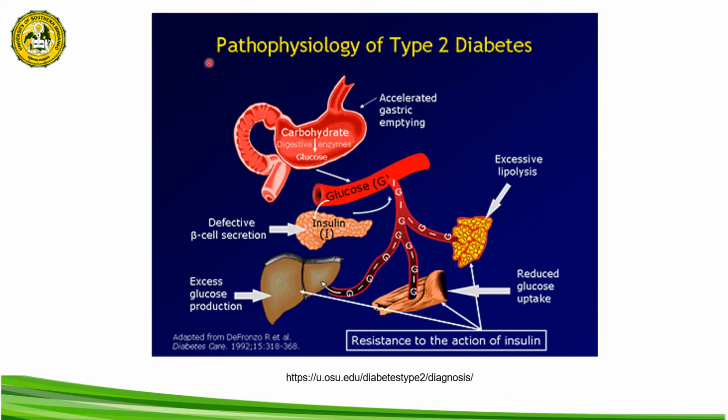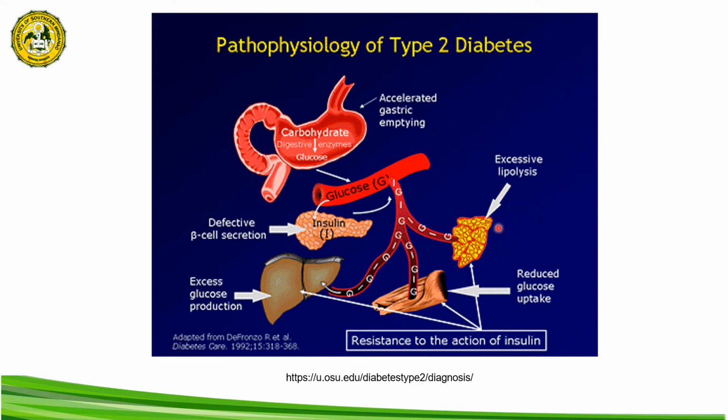This diagram represents the pathophysiology of type 2 diabetes. During a carbohydrate meal, in the stomach, the carbohydrate would normally be converted by digestive enzymes to glucose. The glucose will then enter the bloodstream. In type 2 diabetes, there is a defective beta cell secretion, so the production of insulin will be depressed. There is also insulin resistance, wherein these tissues, the liver, the skeletal muscle, and the adipose tissue, that normally take up glucose will now not be responsive to the presence of insulin.